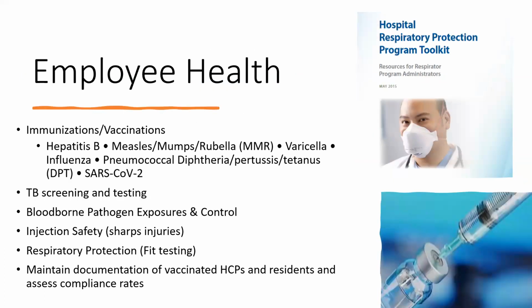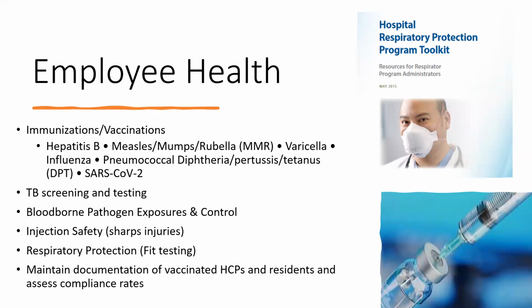So occupational health within the long-term care environment has a role that significantly overlaps with the infection control program. All employees should have a baseline health assessment, right? And current immunizations as recommended for healthcare workers by the Advisory Committee on Immunization Practices, or ACIP. Refusals should be documented.